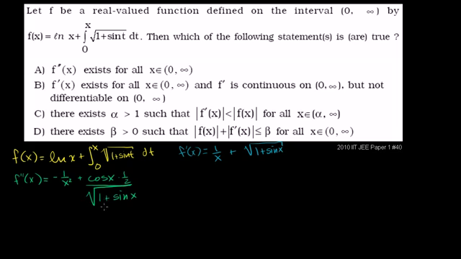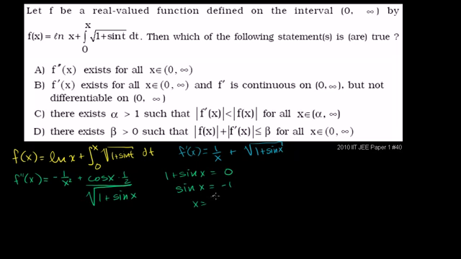So let's think about when that denominator might be undefined. It'll be undefined if it equals 0. So 1 plus sine of x is equal to 0, which happens if sine of x is equal to negative 1. Going around the unit circle, sine is the y coordinate, so that's negative 90 degrees, or positive 270 degrees.